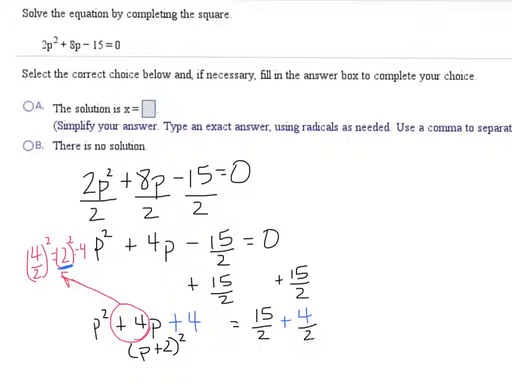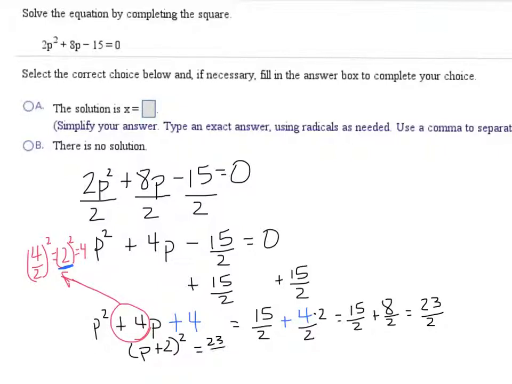I can't just put 1 down there. So if it's 4 over 1, I can multiply both the numerator and the denominator by 2 and get 15 over 2 plus 8 over 2. And 8 over 2 is still a 4, so that is fine. And then I can add those up. So 23 over 2.